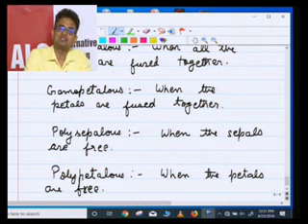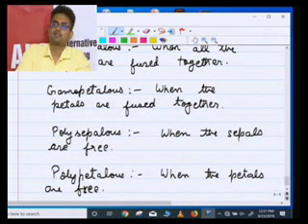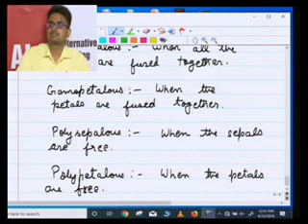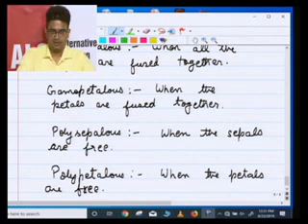Okay, I understand. Please write it first, then answer my question. Anyway, whenever you are ready. So hibiscus flower, is it polypetalous or gamopetalous? Yeah, polypetalous.